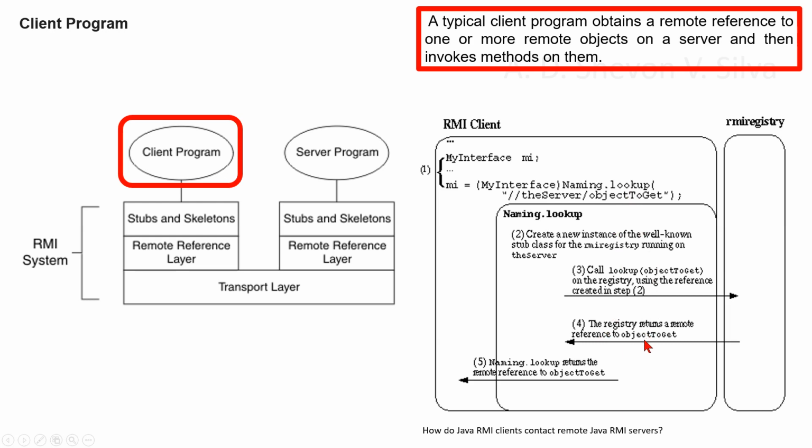Every remote reference contains a server hostname and port number, which allows the client to relocate the VM that is serving a particular remote object. Once a Java RMI client has a remote reference, the client will use the hostname and port provided in the reference to open a socket connection to the remote server.